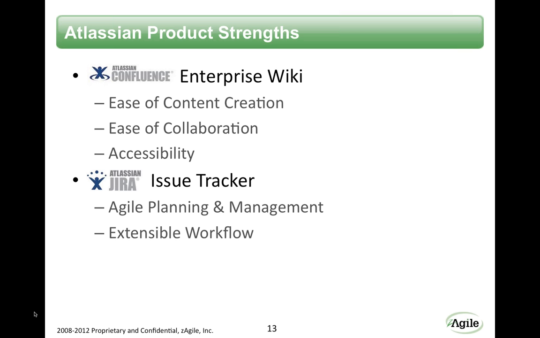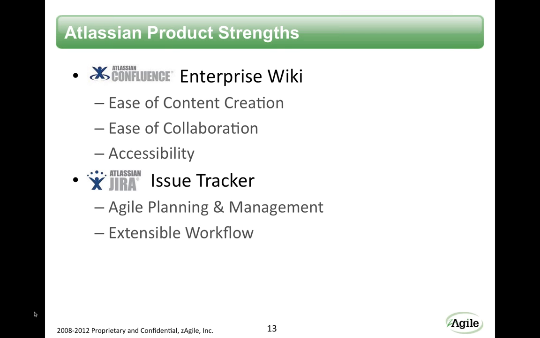So as opposed to, for example, Microsoft Word and Excel documents that tend to be shared in emails, the idea behind using Confluence as a way to represent artifacts provides both ease of use, but also fairly powerful capabilities, as we will show you shortly. Same thing with JIRA. It's a great issue tracker. There are over 20,000 customers. It has, along with GreenHopper, fairly good agile planning and management capabilities, and of course the workflow.